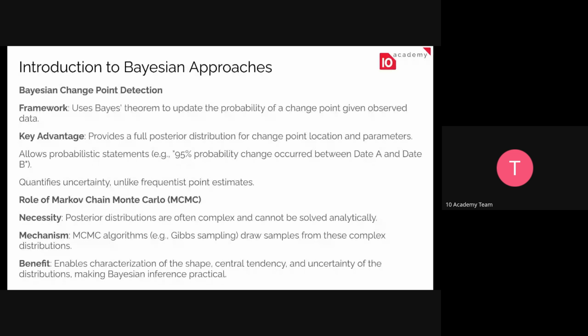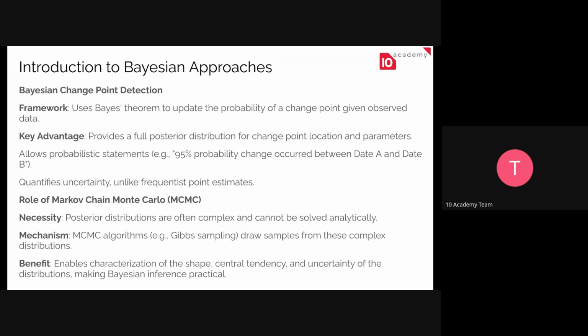So it will provide a full posterior distribution of the change point's location, parameters, and so on. Plus, it will also give you a probabilistic statement, like there's a 95% probability that a change will occur between date A and B. The role of the Markov chain Monte Carlo method here is to get the distribution, which is often complex and cannot be solved analytically.